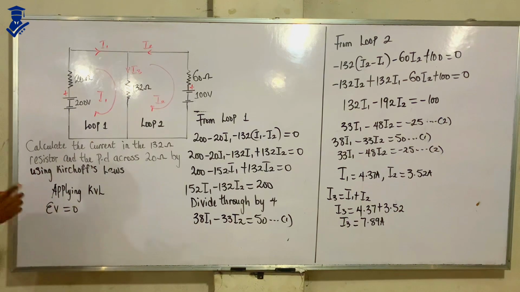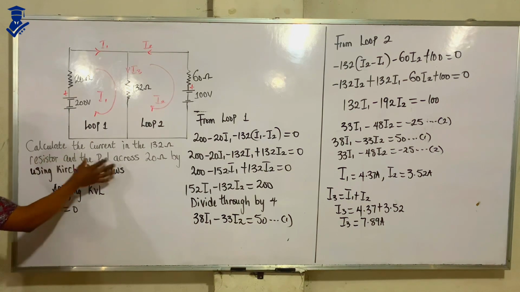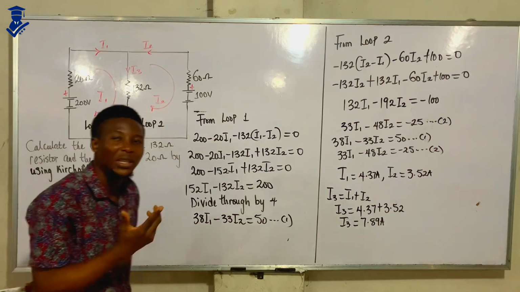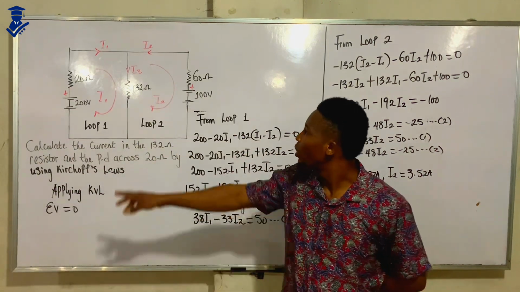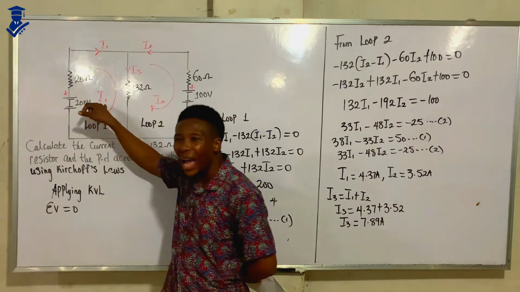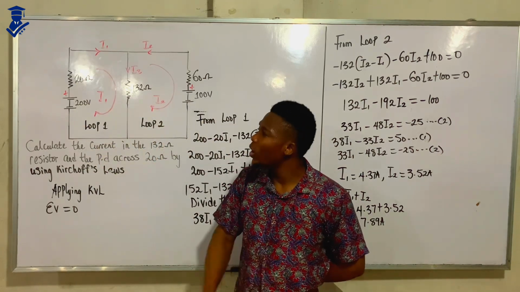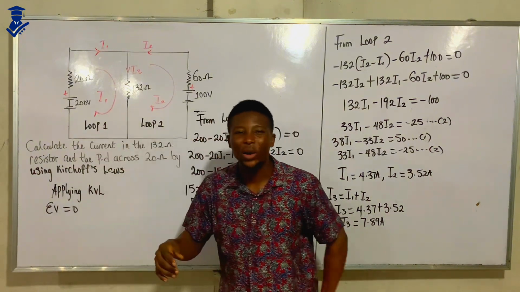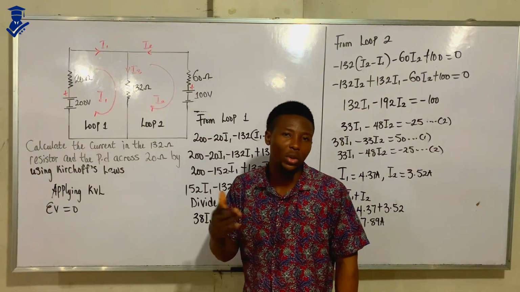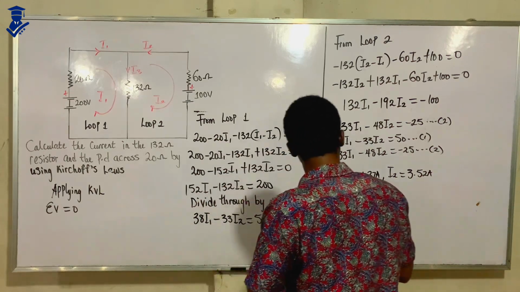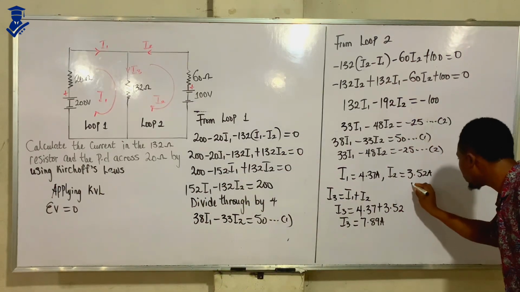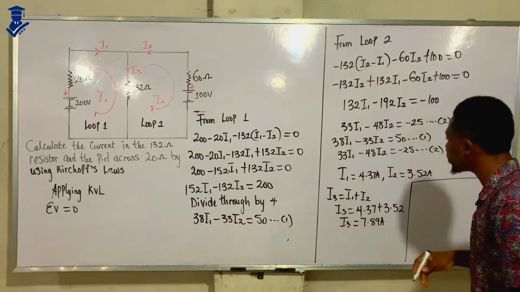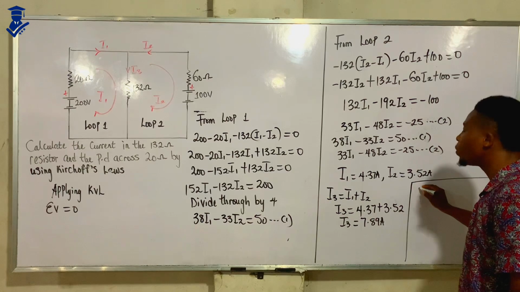Now the next thing we want to do is to calculate the potential difference across the 20 ohms resistor. The current flowing through the 20 ohms resistor is I1. For us to get the potential difference, it takes current and resistance to give us voltage.